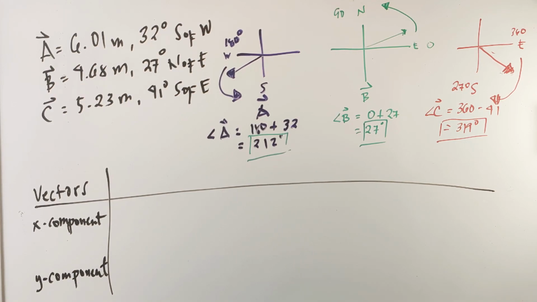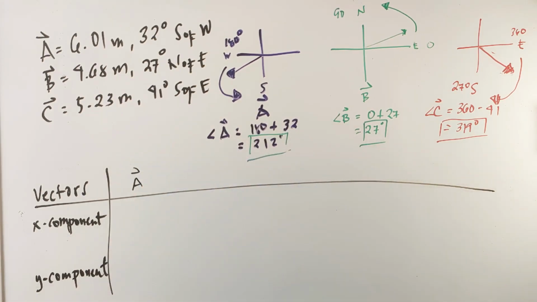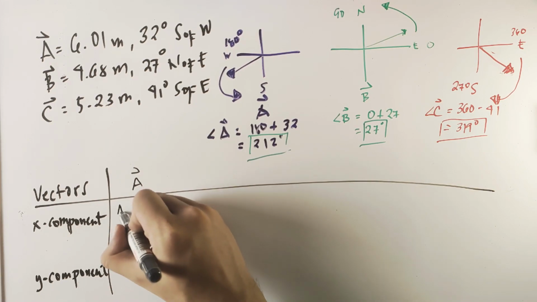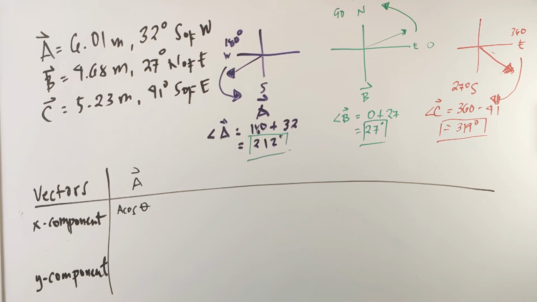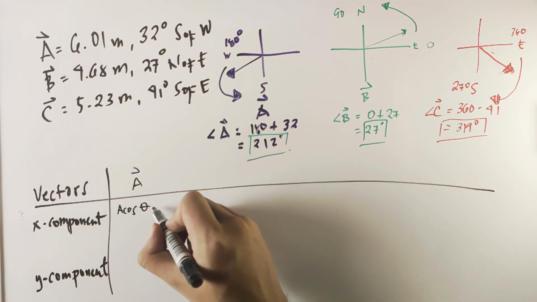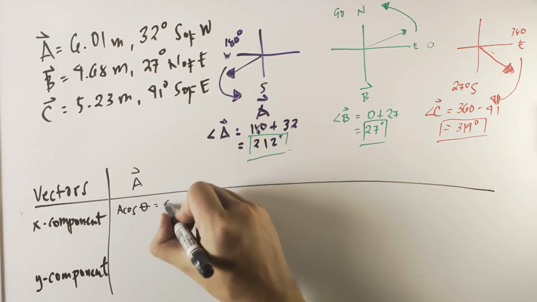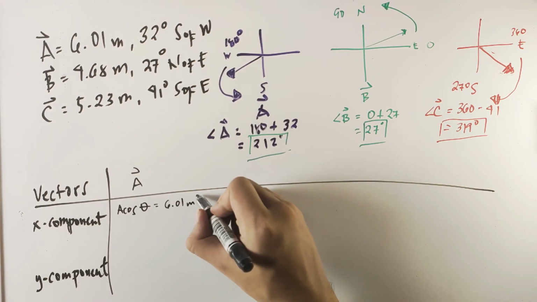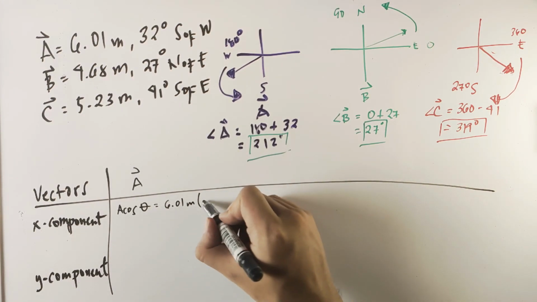So for vector A, we have A cosine theta, which is equal to, what's our A? 6.01 meters times cosine, what's the angle? 212.